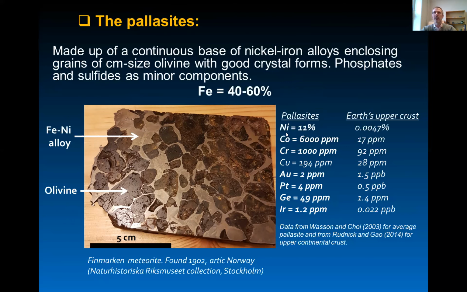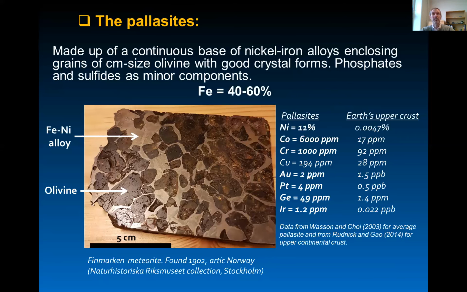And you see in pallasites, nickel reaches 11%, and this is what we get in the crust of Earth, 0.0047%. Pallasites are also very enriched compared to the crust of Earth in cobalt, 6,000 ppm, and chromium, 100 ppm.